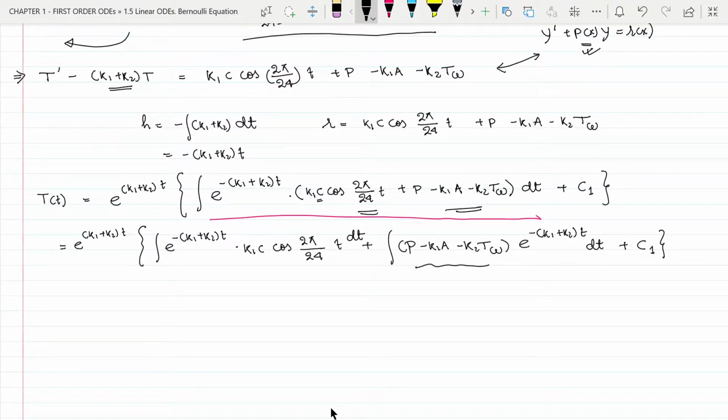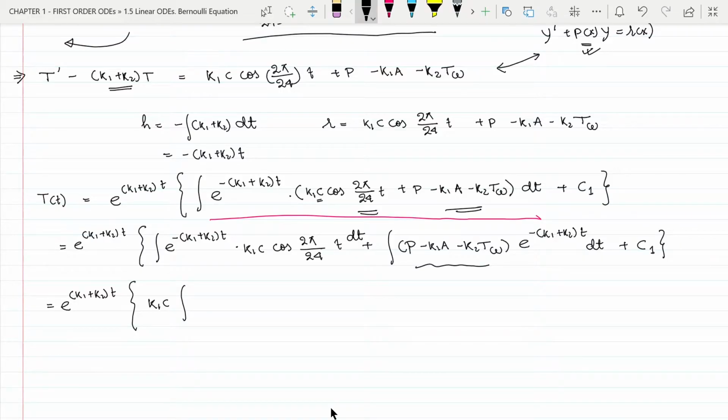So let us integrate the individual terms and get the solution. So this is equal to e to the power K1 plus K2 t, integration of K1C.